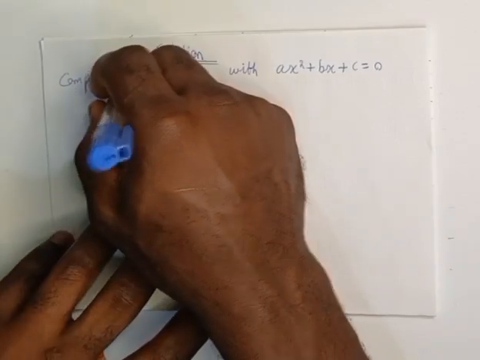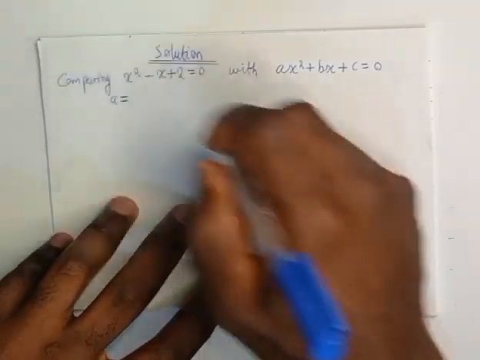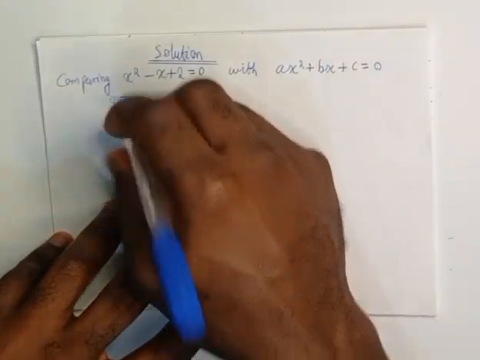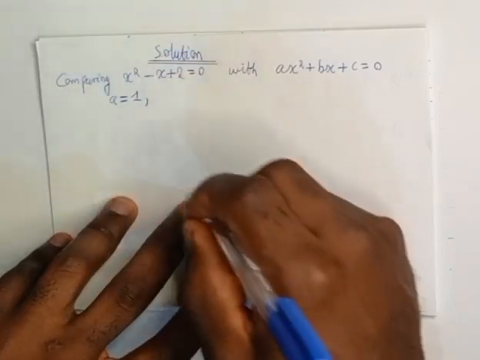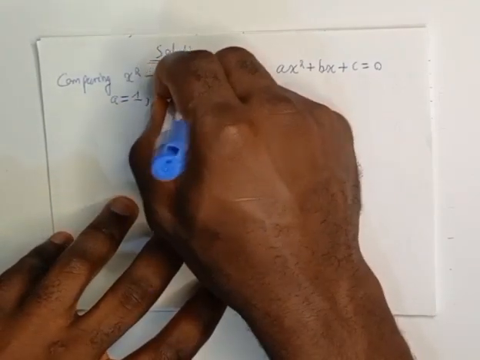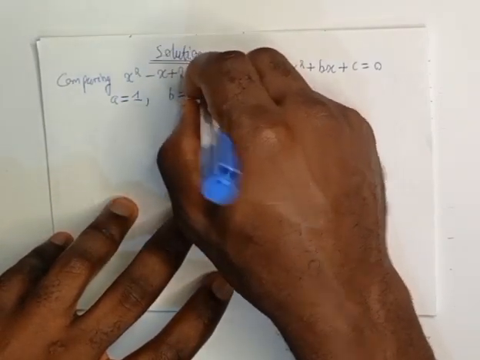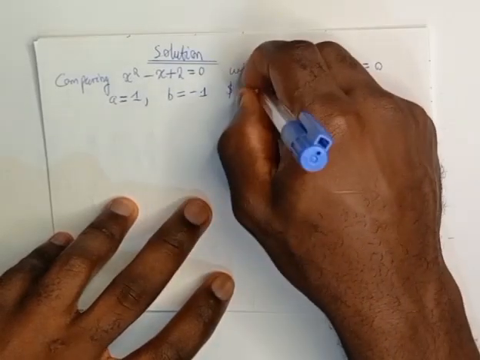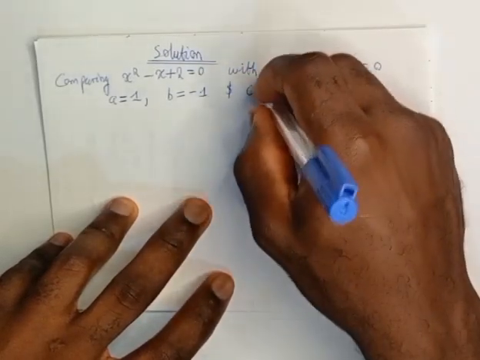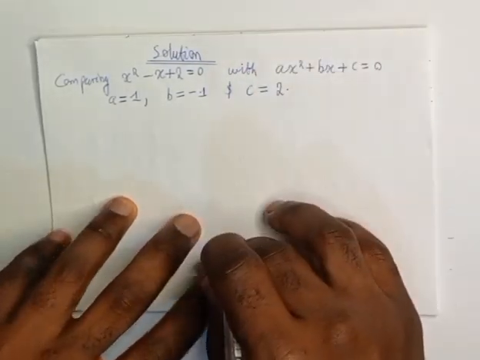If we compare, a is the coefficient of x squared, which is 1. b is the coefficient of x, which is negative 1. And c is the constant term, which is 2.